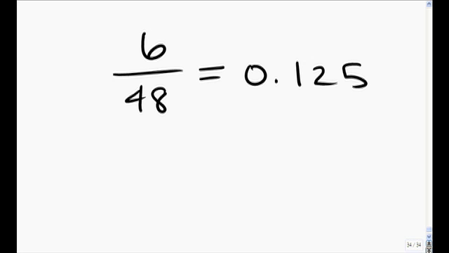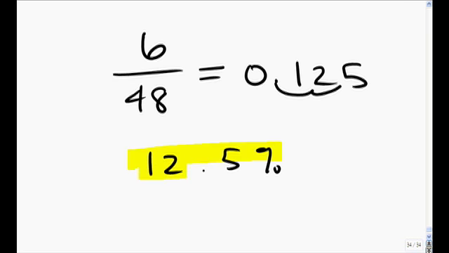Multiplying this number by 100 moves the decimal 2 spaces to the right. "12.5% of the class has exactly 2 children."